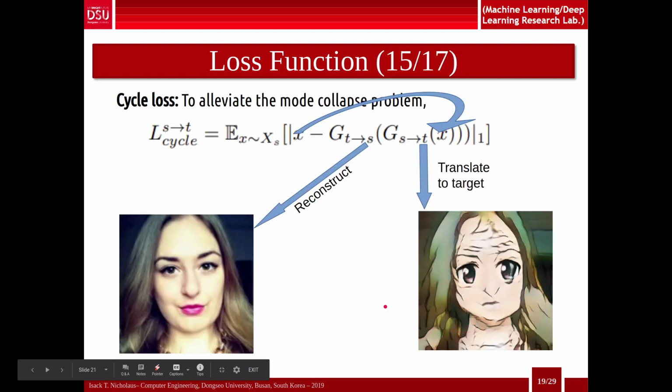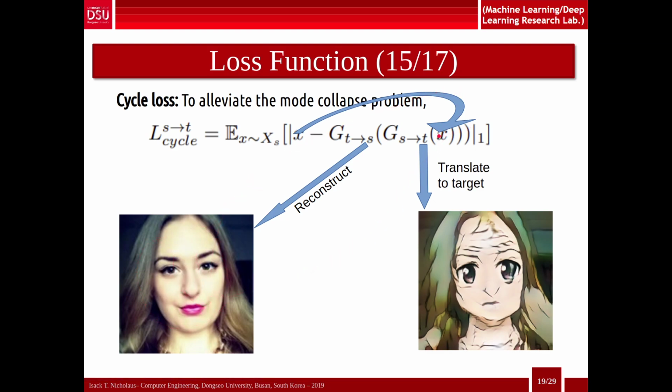Next we have the cycle loss. Cycle loss is trying to solve the model collapse problem. In this case we give the input as well as the generated or translated input. We have X here, which can be like this human face.